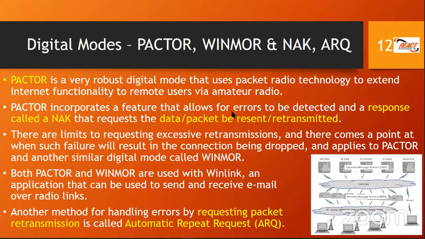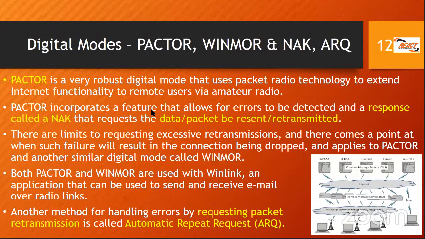Apart from detecting errors, there is something called a NAC response, or NAK. It's NAK, and it actually means negative acknowledgement. That NAK is the request that will ask for the data or the packet to be retransmitted or resent.